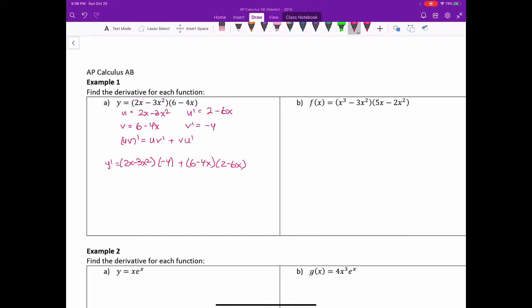It is not very useful in this form, so eventually you're going to have to be simplifying anyway, so we might as well practice that right now. So y prime is equal to negative 8x plus 12x squared.